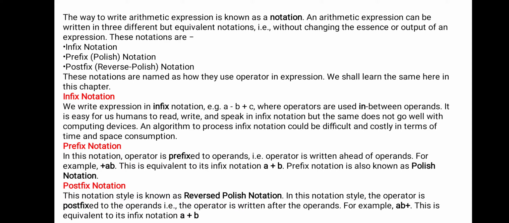A simple definition for an expression is the combination of operators and operands. An arithmetic expression can be written in three different but equivalent notations without changing the essence or output of an expression.